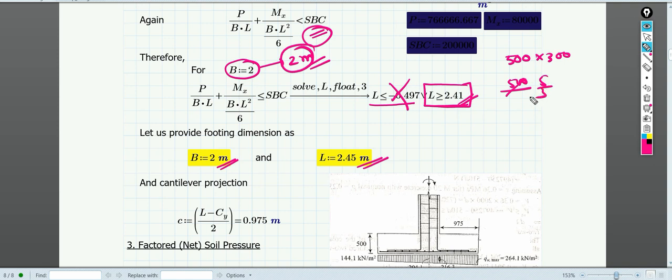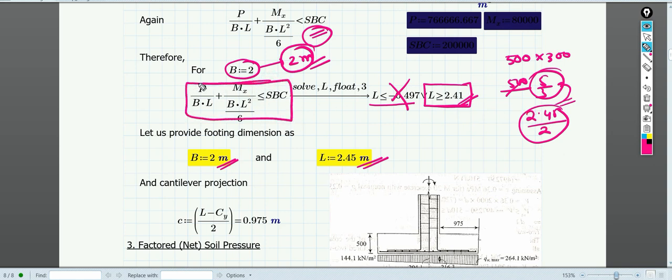And here also the ratio of the footing and the ratio of the column should be the same. In some books you will get this. If you do it like this also, there is no issue.